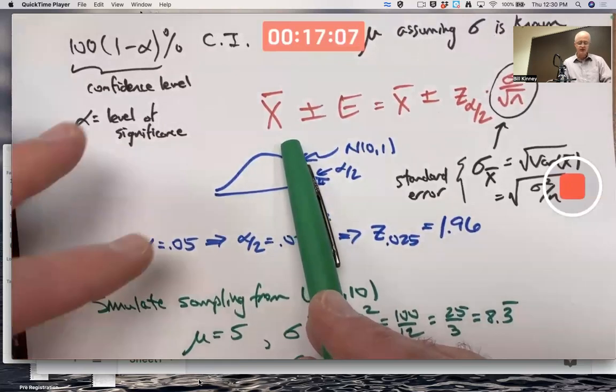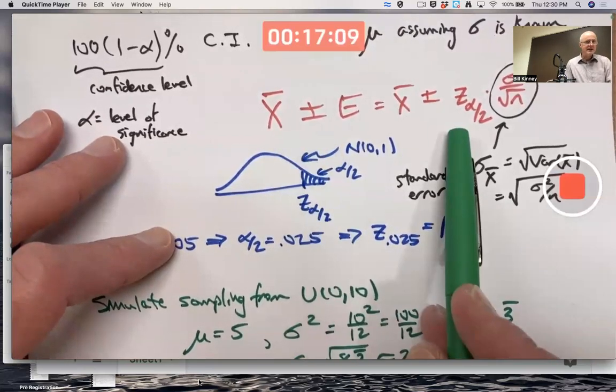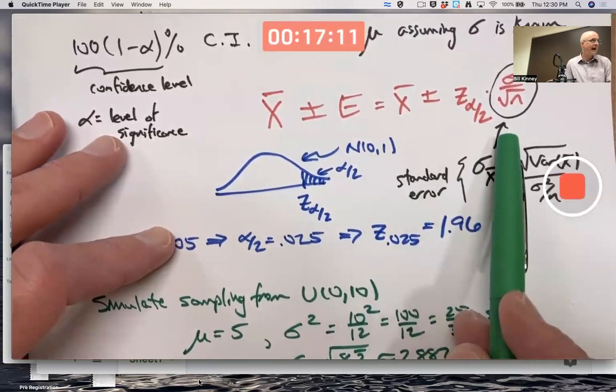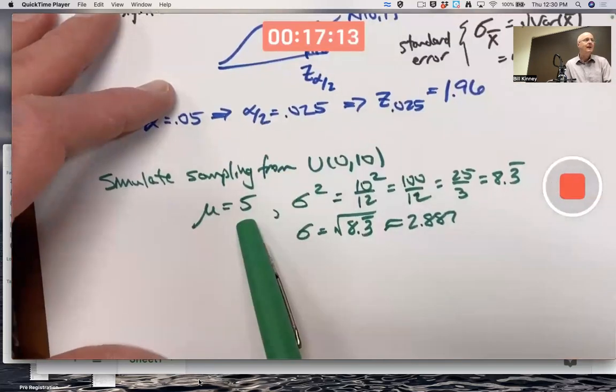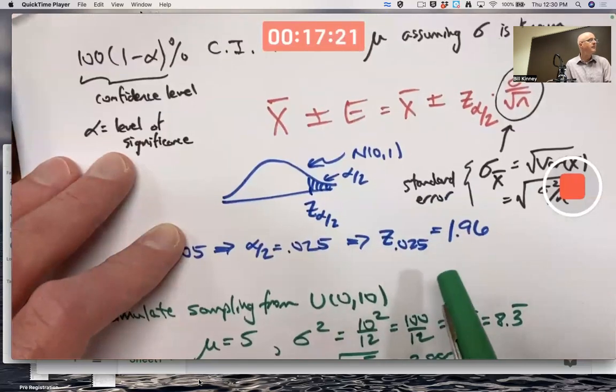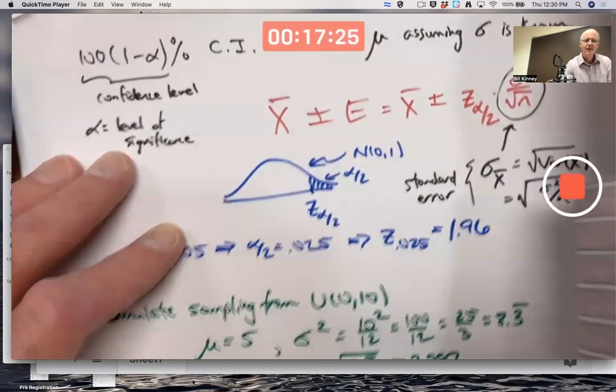Maybe n is 10. We'll compute this interval and see if it captures the true mean or not. Let's do a 95% interval. The idea is it should capture the true mean about 95% of the time. Let's see if that holds.